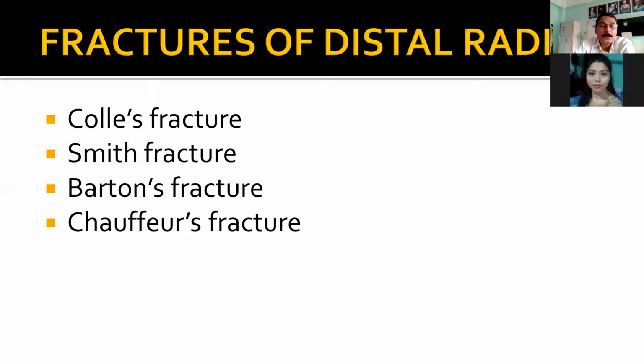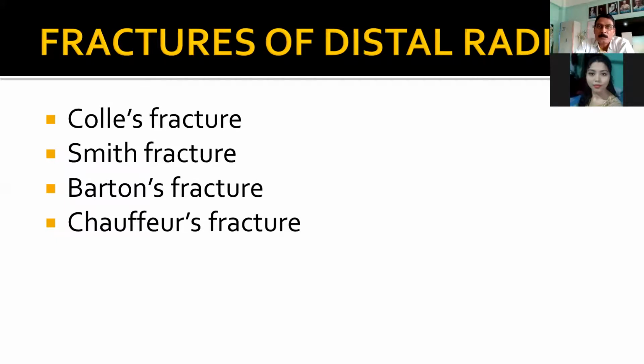Another fracture which we see is the Smith fracture. Smith fracture is the same as the Colles fracture but reversed. In Colles fracture, the distal fragment usually goes posteriorly because of falling on the palm.